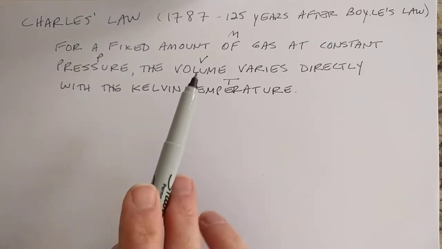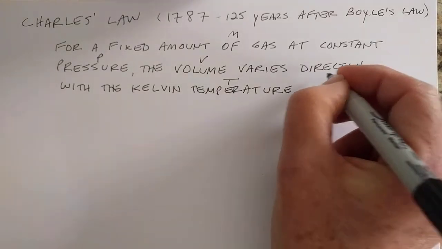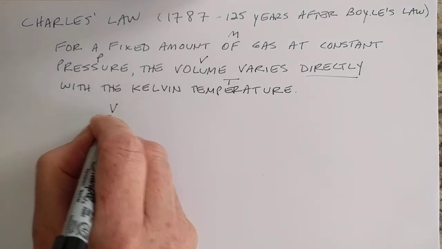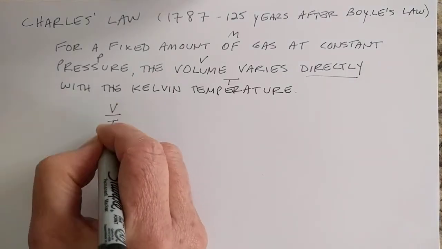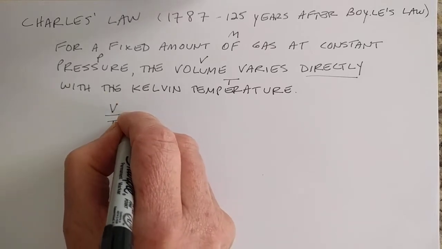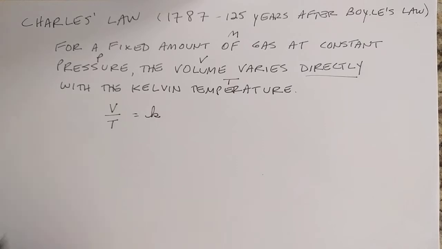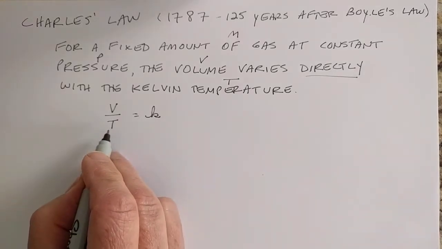Volume varies directly, so that means V over T, where we divide our variables, gives us a constant K, and that temperature must be in Kelvin.